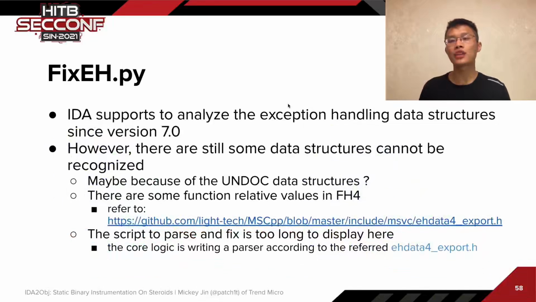There are some function relative values in SEH4. The core logic of the script is writing a parser according to the referred header file. Here we can see the data reference is recognized correctly after the fix.